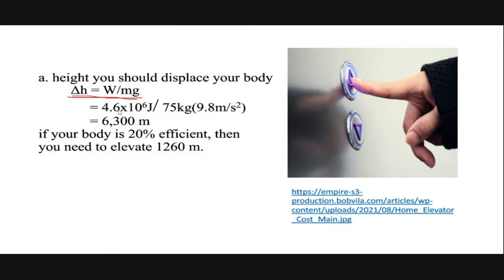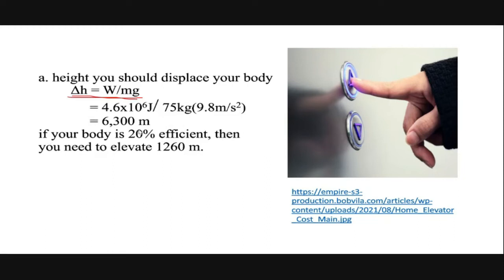So we have 4.6 times 10 to the power of 6 joules divided by your 75 kilograms multiplied by the acceleration due to gravity, that is 9.8 meters per second squared, near the surface of the Earth. So you have to displace 6,300 meters in order for you to burn this energy.